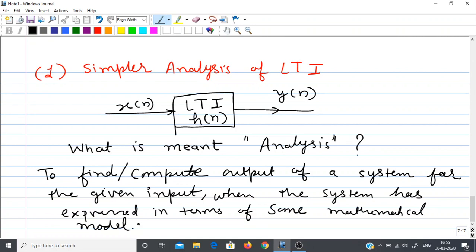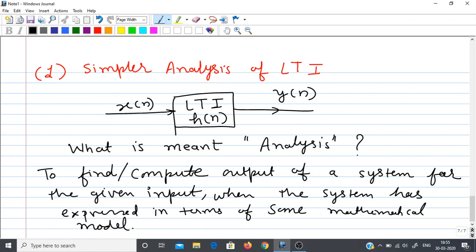What you are given is some mathematical model of the system, and you are given the input, and you are asked to compute the output. So this process of computing the output for the given mathematical model of the system is called analysis.